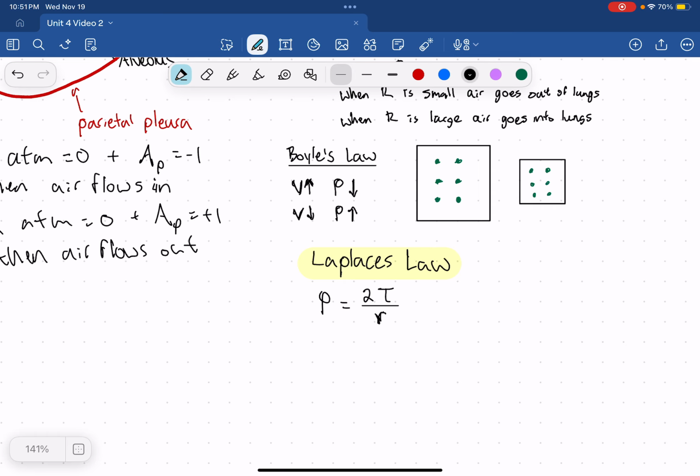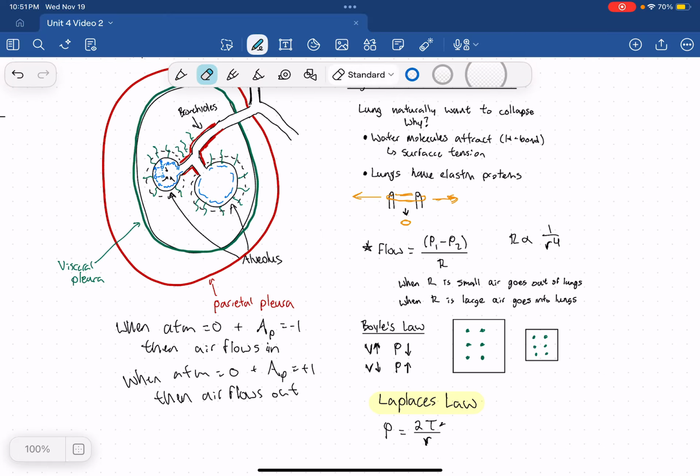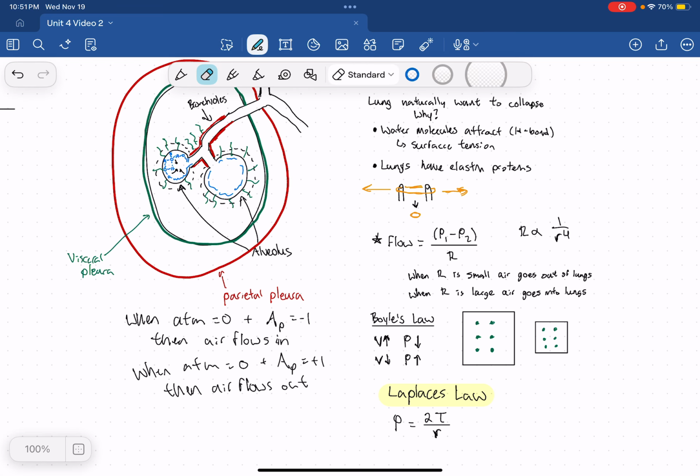So the tension here can be represented by the surface tension, and then the radius here is represented by how big our lungs are. If we have a big alveolus, then the radius is going to be bigger.